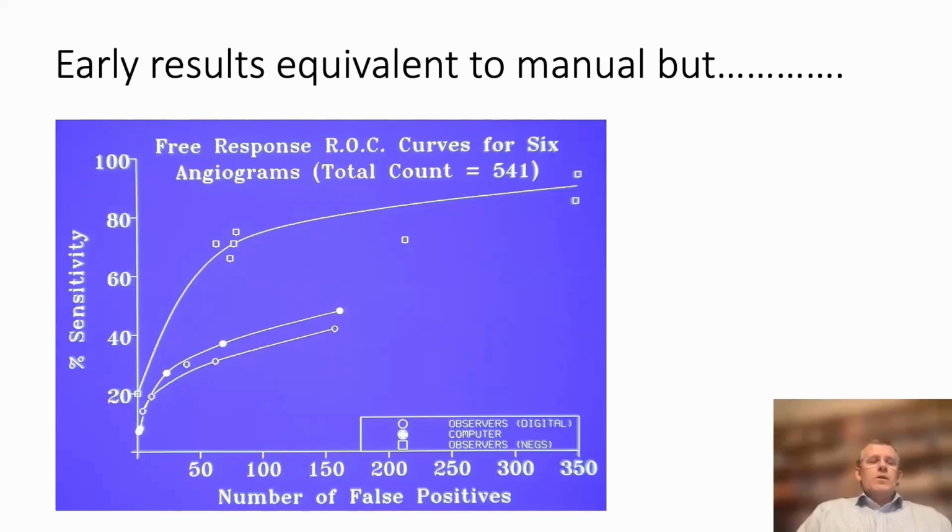When you look at the lower curve, you can see the results obtained for digitized images compared to the original slides. And you can see that both the humans and the computer perform similarly, but digitization in those days was not very good.